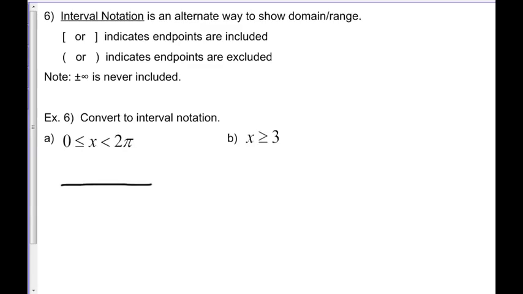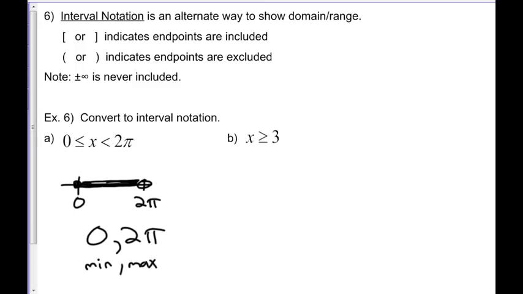So this first one here, let's say we had on a number line 0 to 2 pi. If I were to draw that interval, it would look like this. If I were to write it in interval notation, I would put my min, comma, max, and then I'd think, is that 0 included?